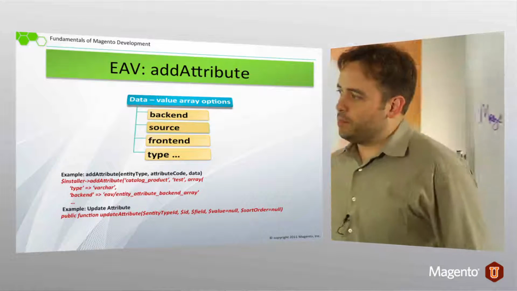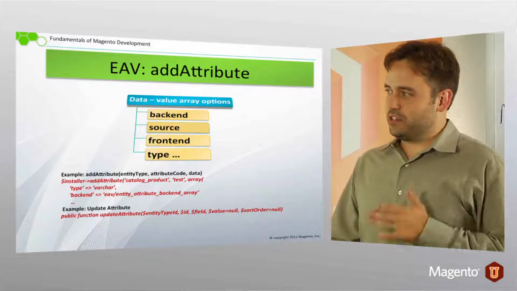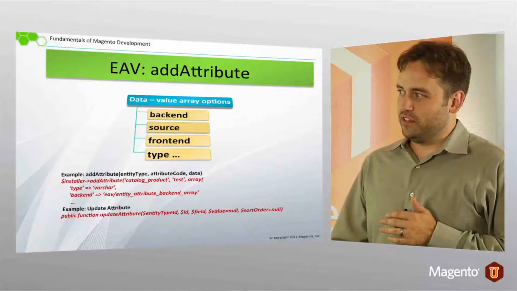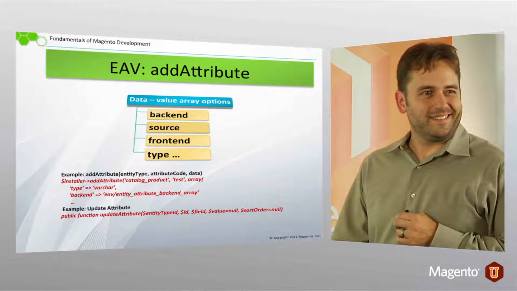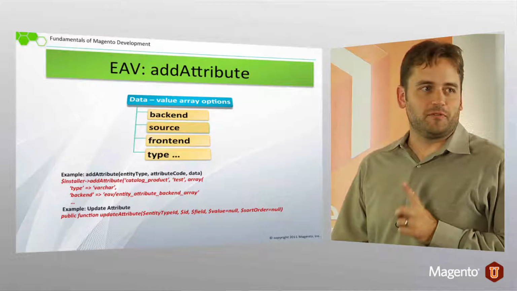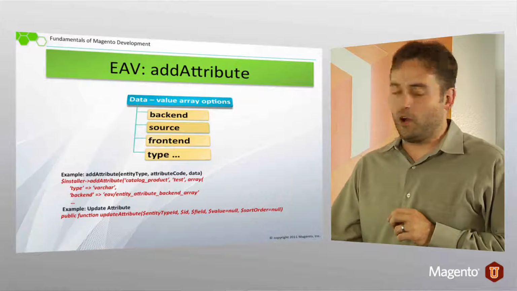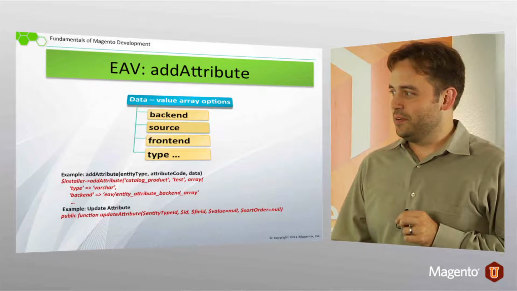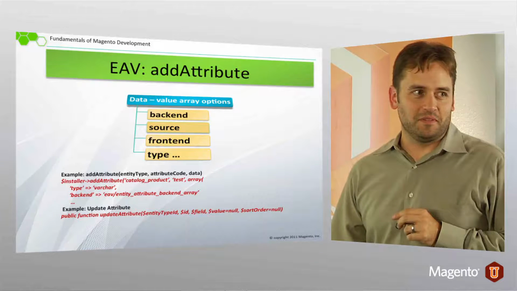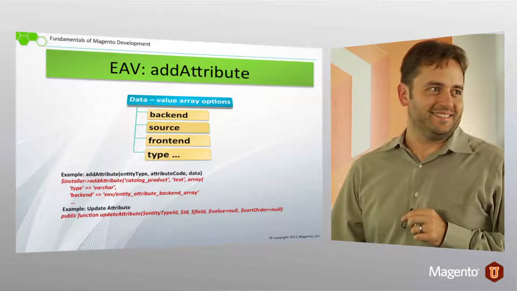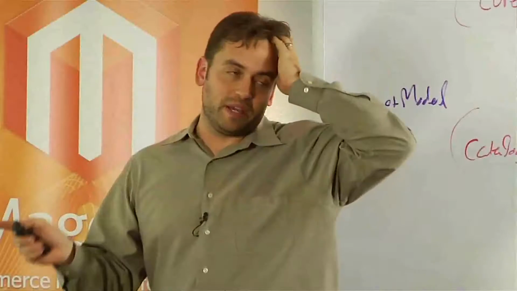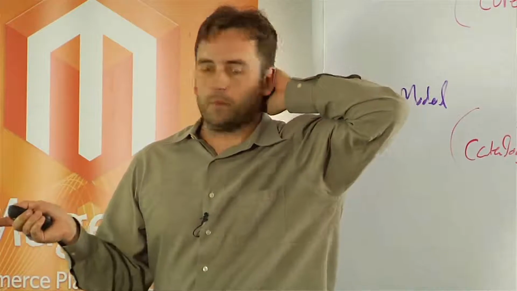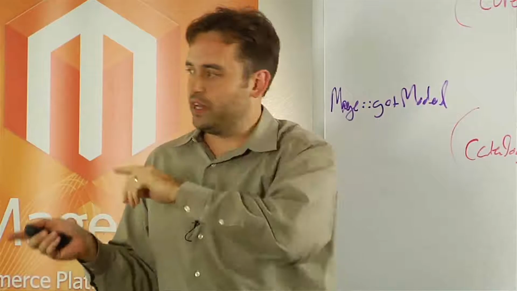The problem is these values here, these indices, are passed through a function when you call add attribute that aliases them. When you use update attribute, they're not passed through that. So that's one of the big gotchas with working with attributes. We'll look at that on the next slide.